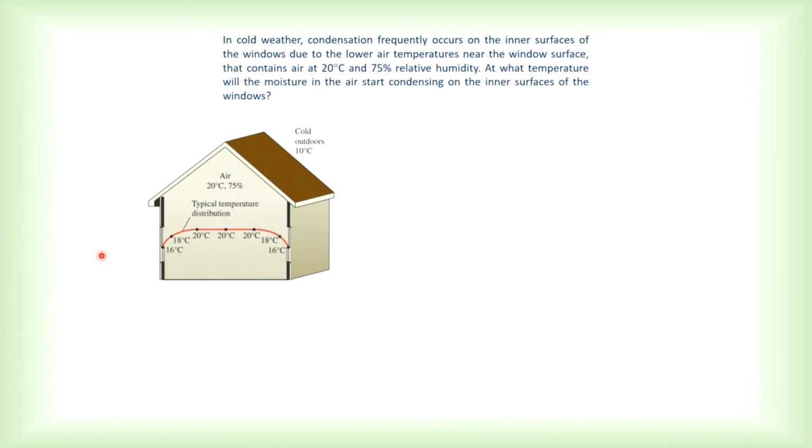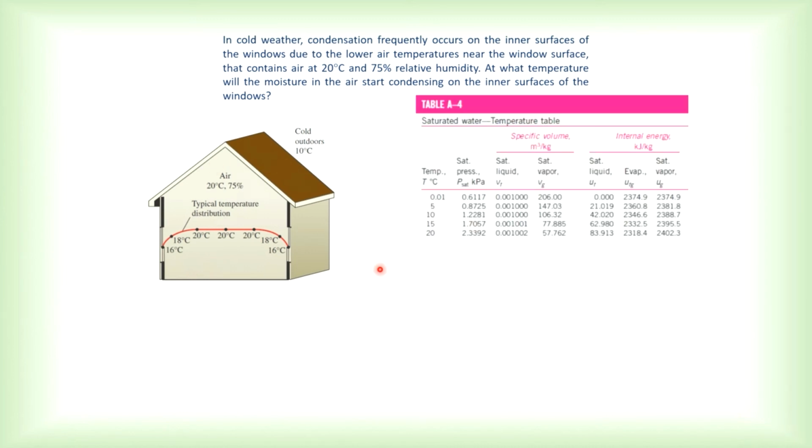Outside, you have the surrounding air. From here, we are looking at the dry bulb temperature, the DBT of 20 degrees C. At 20, the saturation pressure is 2.3392.